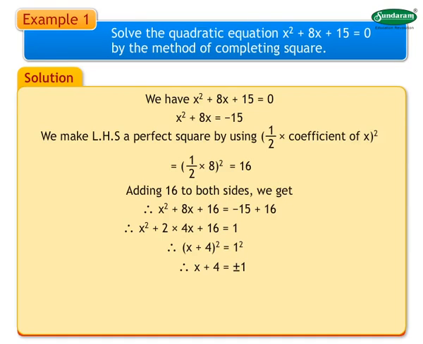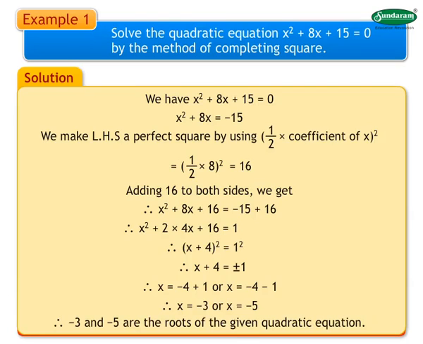Therefore, x + 4 = ±1. Therefore, x = -4 + 1 or x = -4 - 1. Therefore, x = -3 or x = -5. Therefore, -3 and -5 are the roots of the given quadratic equation.